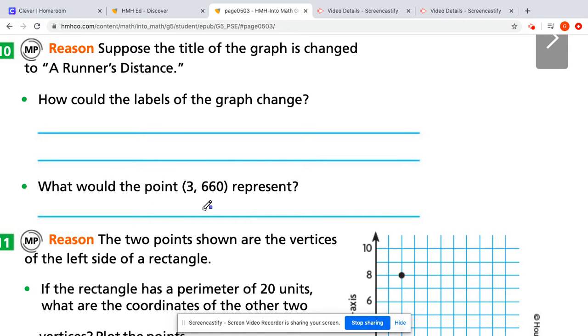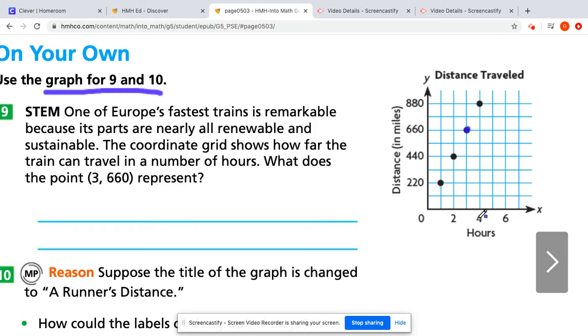And then what would the point 3 and 660 represent? Okay, do you think that in these number of hours that they would be running this many miles? Okay, so we can't change the numbers, but we can change the labels. Okay, so maybe this stays hours, maybe this changes into something a little less.